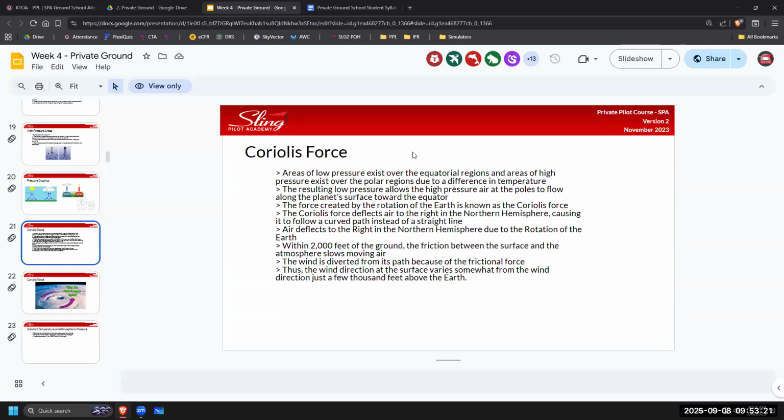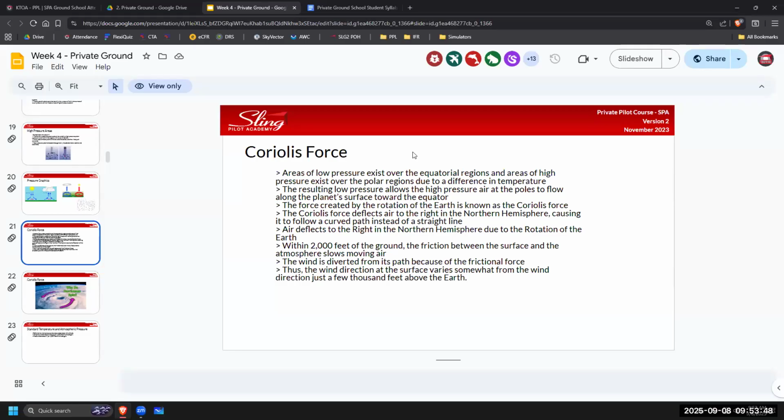We talked about how the equator is heated more than the polar regions because it's closer to the sun, our source of heat. So the resulting low pressure allows the high pressure air at the poles to flow down towards the equator. The Coriolis force is all about the rotation of the Earth.